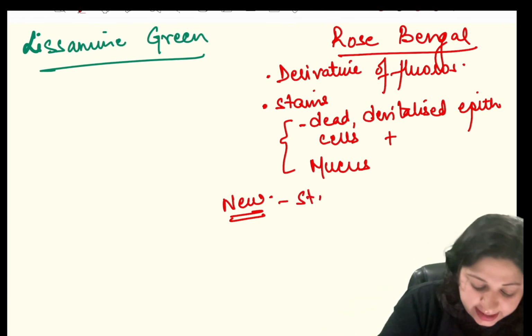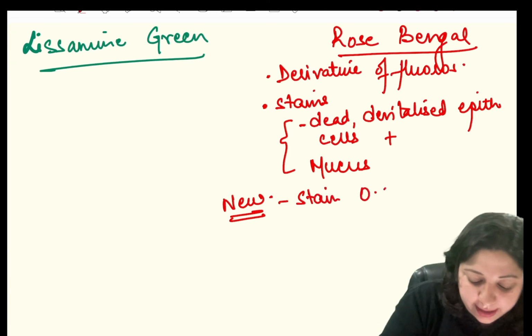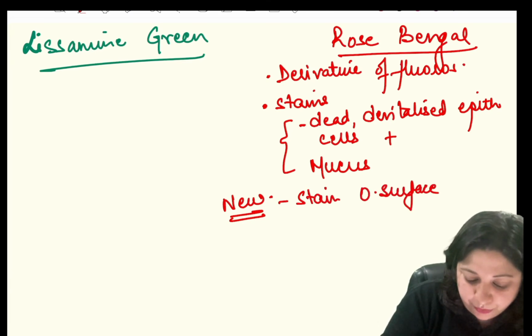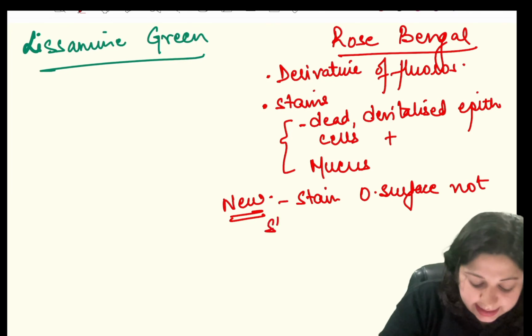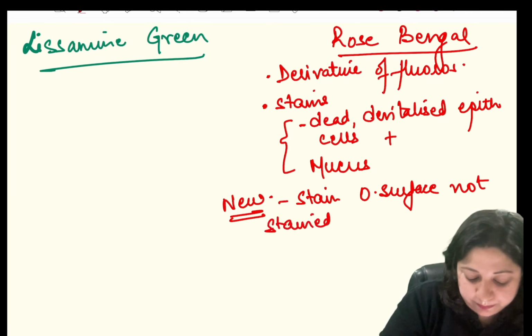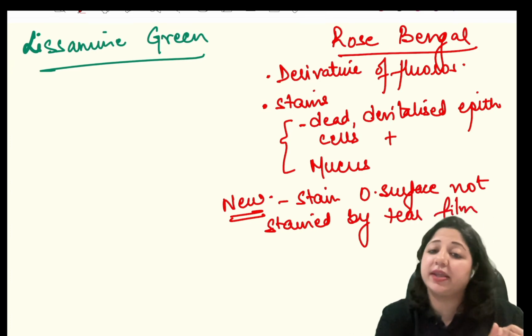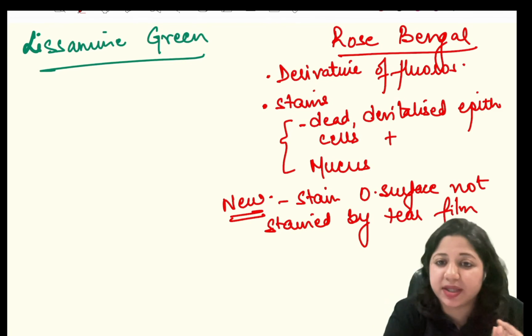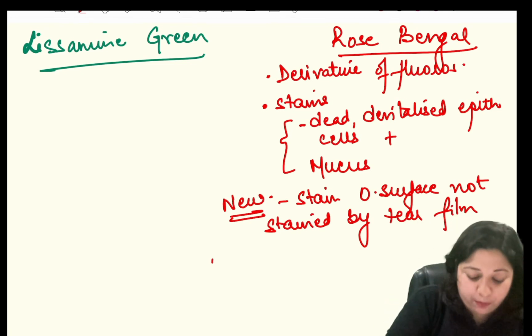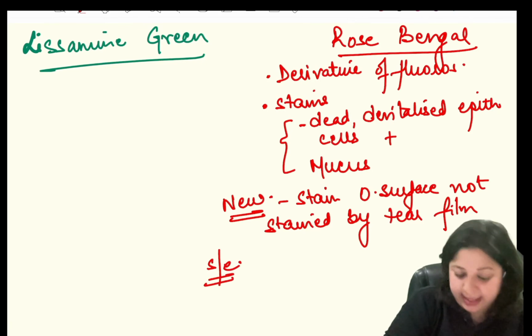So the newer concept says it stains ocular surface not protected by tear film. So again, this is going in favor of dry eye. It is used in the workup of dry eye. But the problem here is side effects, right?